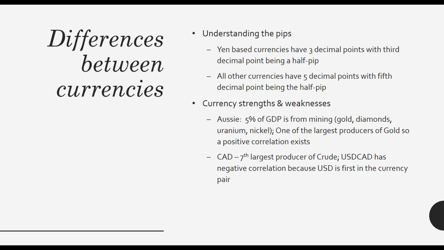That means that there is a negative correlation with the USD CAD. In other words, if you see crude going up, you would expect the USD CAD to go down typically, okay? We all know anything can happen in the market, but typically that is your correlations.